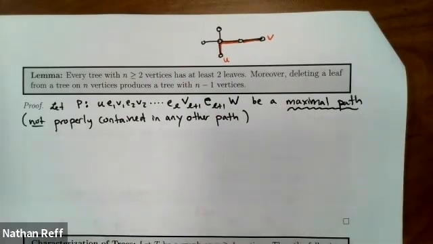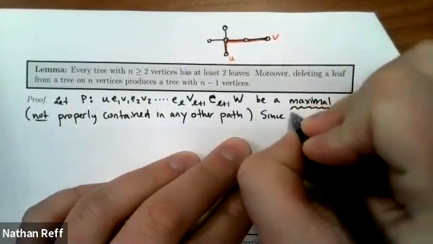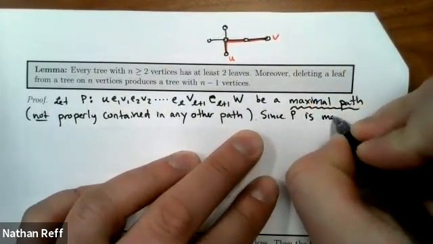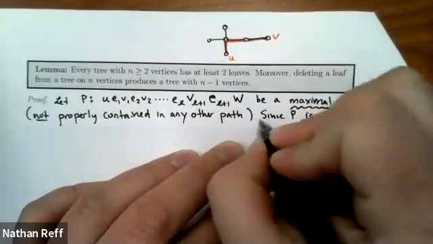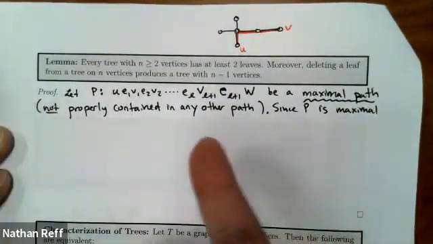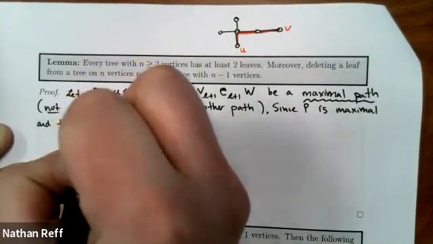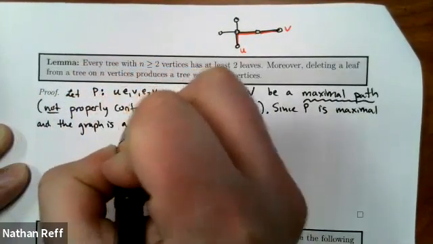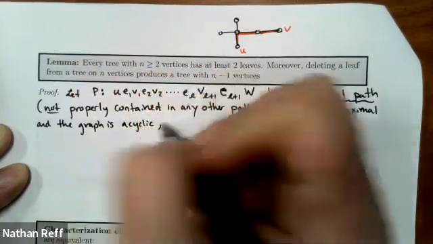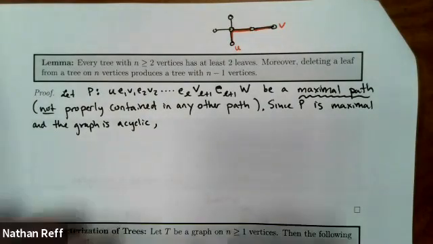Now, what can we do with this maximal path? Since P is maximal and the graph is acyclic, we can actually say another thing, which is that u and w are not adjacent.